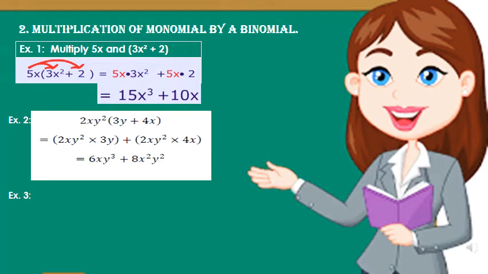Then write the plus sign as it is. 2 into 4 is 8. x into x is x square, and y square we will be writing as it is. So the product is 6xy cube plus 8x square y. This is how you multiply a monomial with a binomial.